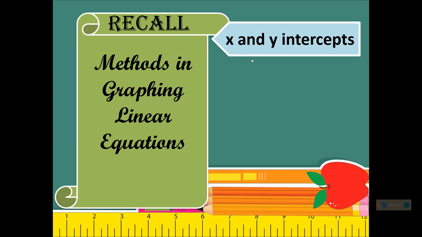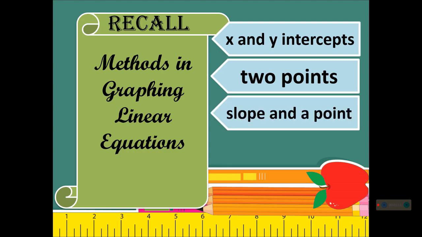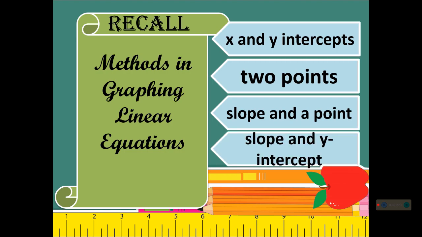Next, the second method is using 2 points. And then the third method is using the slope and a point, correct? And the last method is the slope and y-intercept.